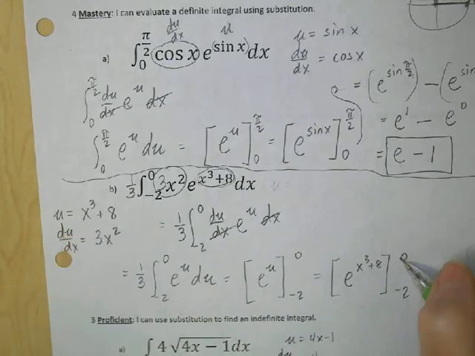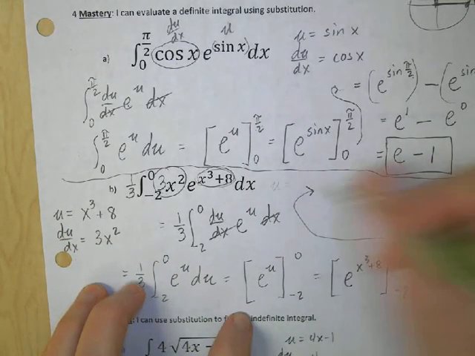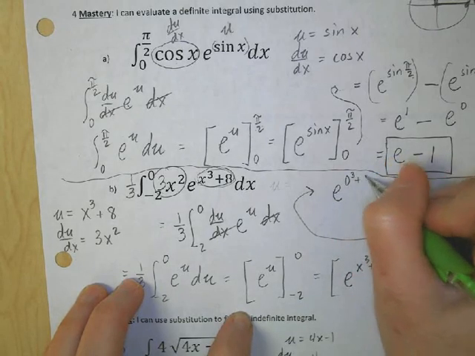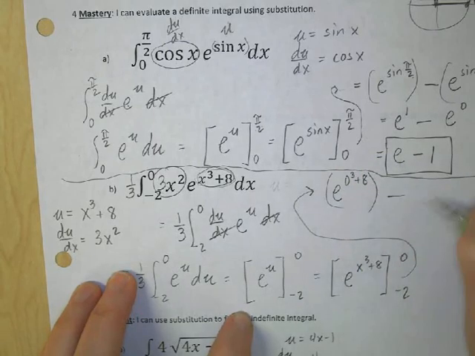So start with the upper bound, and I'm going to go up here. So start with the 0. So I'm going to have e to the 0 cubed plus 8. That's going to be my upper bound, minus the lower bound, e to the -2 cubed plus 8.